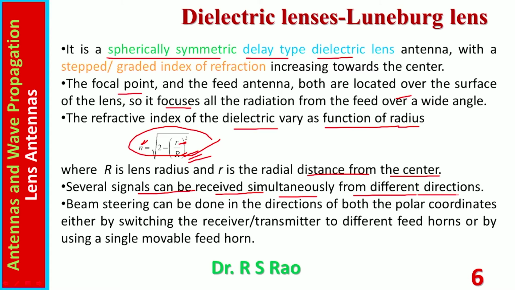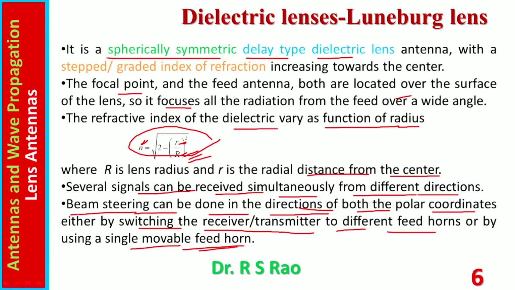Beam steering can be done in the directions of both polar coordinates theta and phi, either by switching the receiver or transmitter to different feed horns or by using a single movable feed horn.